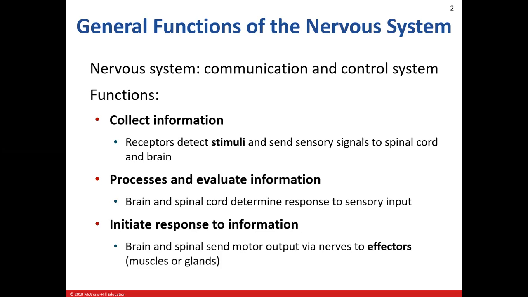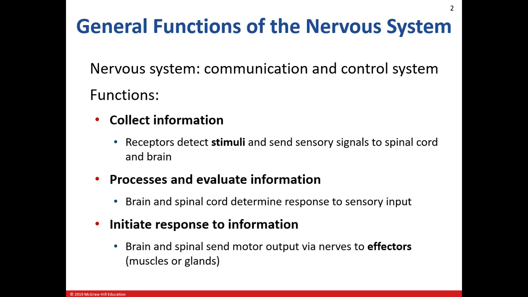When it gets to the brain, and while it's in the spinal cord at the same time, it actually processes this information. And then when it gets to the brain, it evaluates it and interprets it. It helps to determine what type of response to act on as a result of that sensory input.